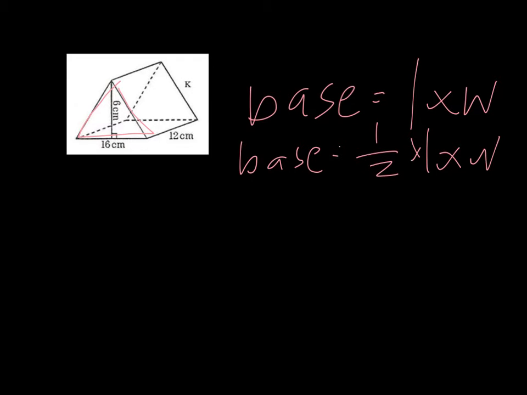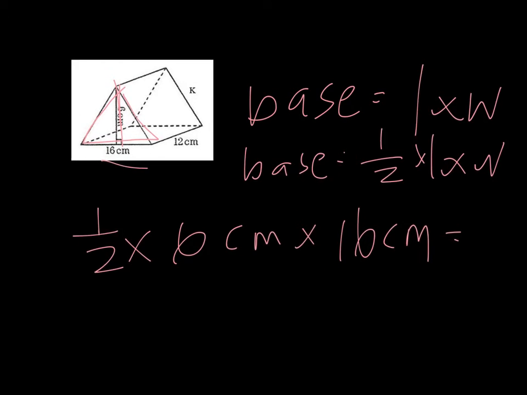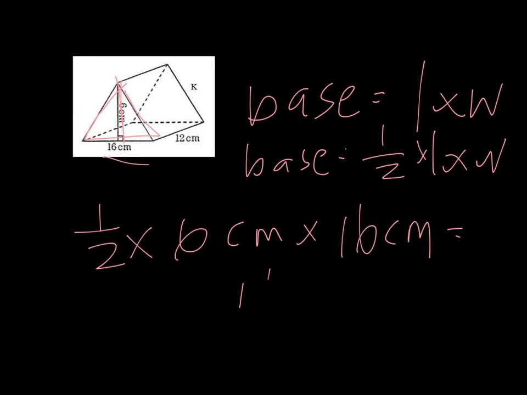So we see the length here, 6 centimeters, times 16 centimeters times 1/2 is going to give us, all right, let's do it, 16 times 6, 6 times 6, 36, 6 times 1, carry the 3, 96. 96 right there.